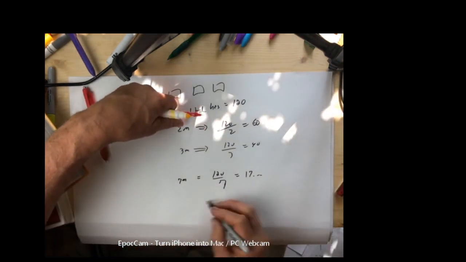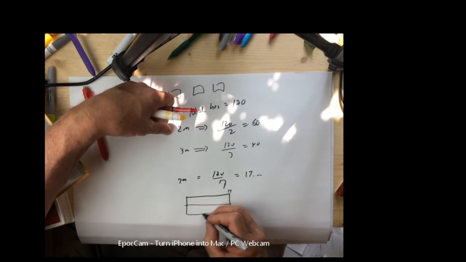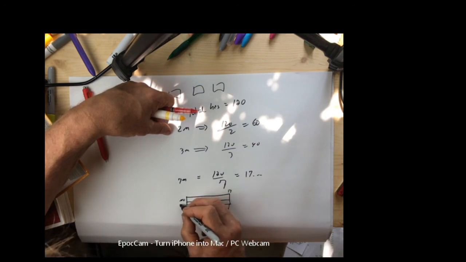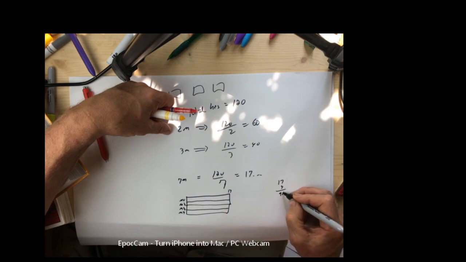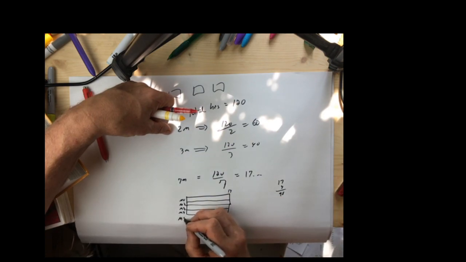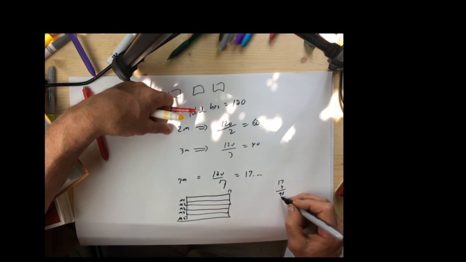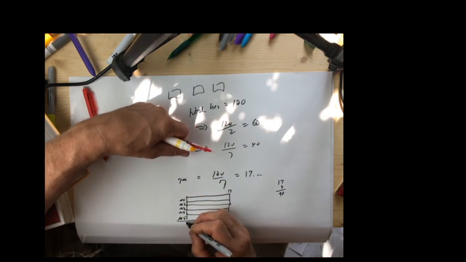So if 7 machines were running, it might be possible for this machine to hit 17, this machine to hit 17. It might be possible for 4 machines to hit 17. 17 times 4 is 98. The 5th machine, it's 5, 6 machines.